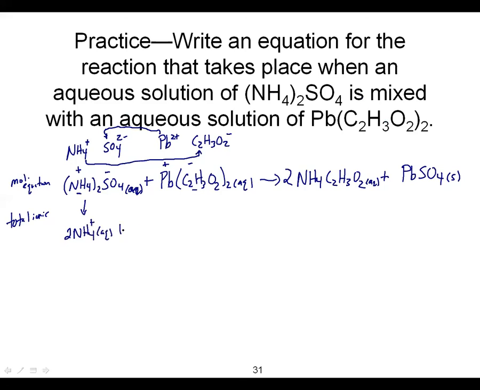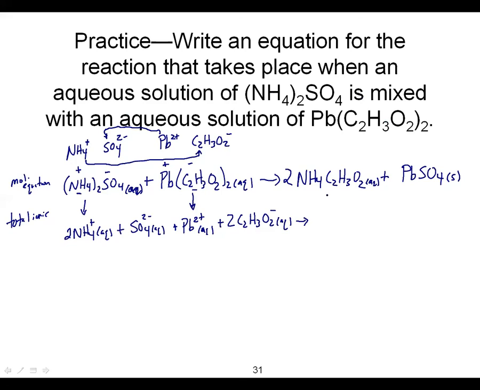We also get 1 sulfate, which is -2. When this guy breaks apart, we get a lead that has a +2 charge. And that's aqueous. And the 2 comes out in front for our acetate, which has a -1 charge.